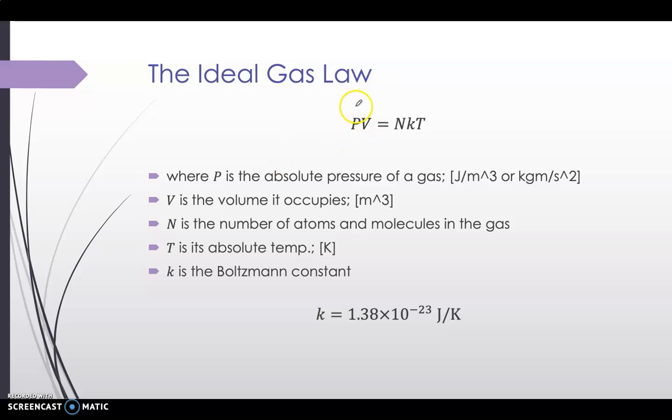Again, absolute pressure of the gas times the volume it occupies equals the number of atoms or molecules in the gas times Boltzmann's constant times the absolute temperature. I have stated the units for all of these.